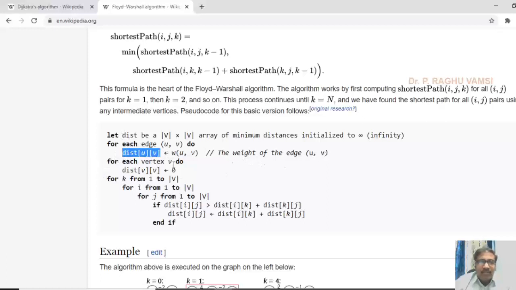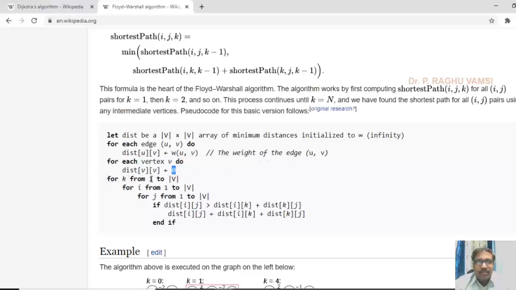For each vertex v, if you are referring to the same vertex, that means 0 to 0 or 1 to 1 or 2 to 2, that particular vertex distance should be initialized to 0. Other than the self-referencing edge, since there are no self-referencing edges, we are going to use only straightforward edges, then the corresponding weight will be placed here.